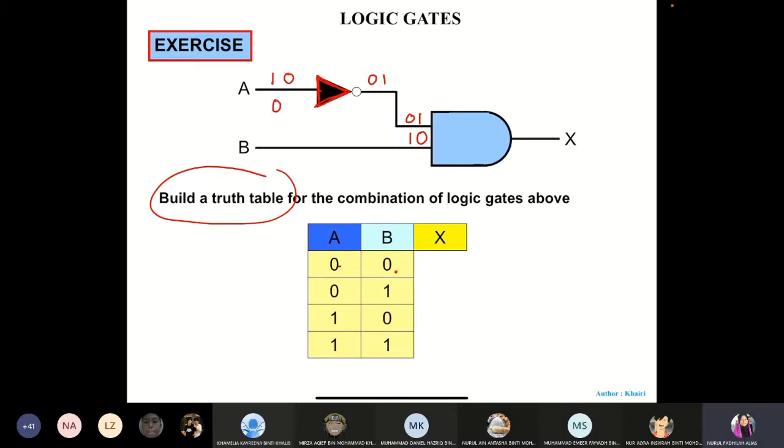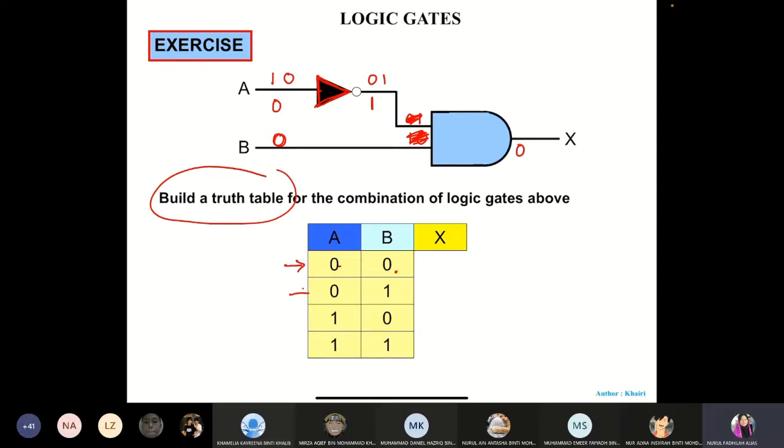A0, so B0. So now, so A0, what happens after the gate? Jadi 1. So awak dapat new 0 and 1. After AND dapat apa? 0. And then kita ambil combination ni. This is if you are given this ya. Kalau given this one, awak kena follow lah.